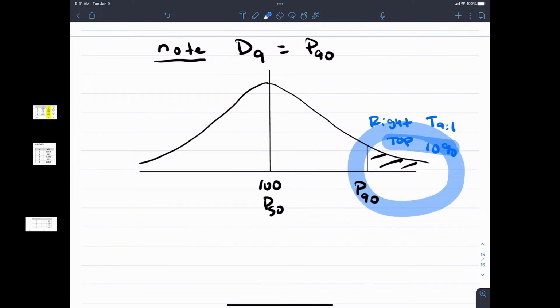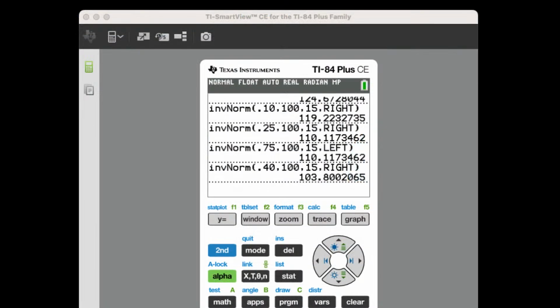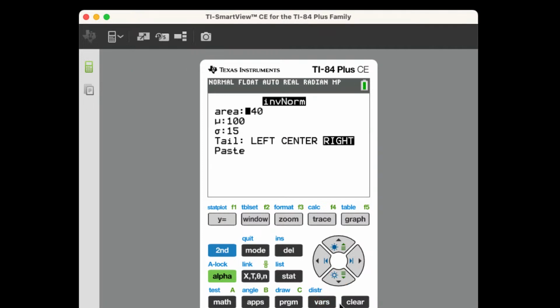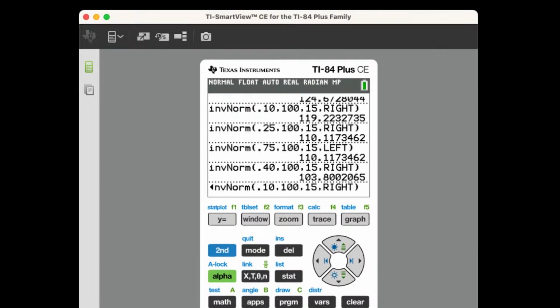So top 10% in the TI, this is your top 10%. This is 100 and what? 19.